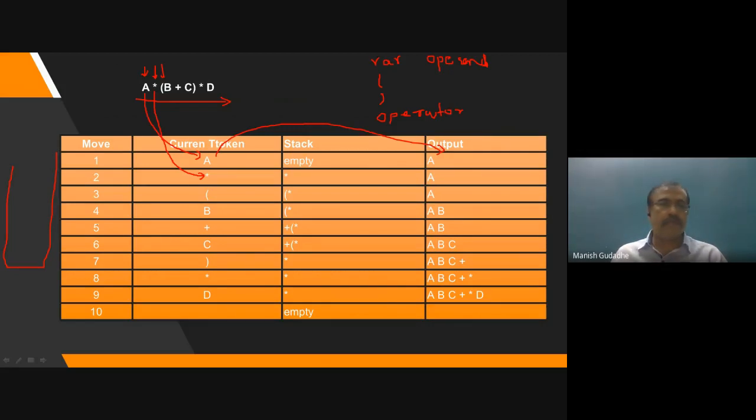If it is an operator, check it with the stack. There is no element in the stack, so there is no check. Directly push that operator onto the stack. Okay, now scan the third one. Third is the bracket, an opening parenthesis. If you get an opening parenthesis, directly push it onto the stack.